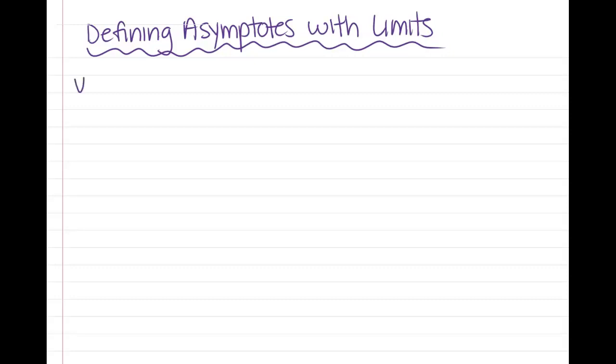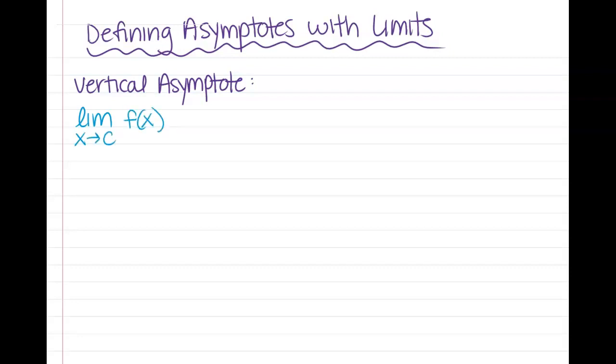So a vertical asymptote is defined as the limit as x approaches c of f of x equals infinity or negative infinity.